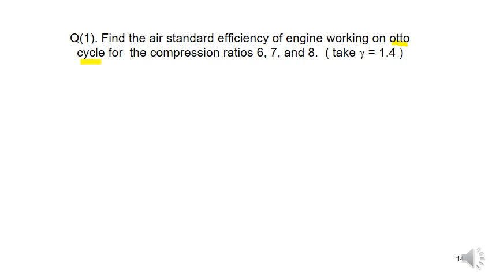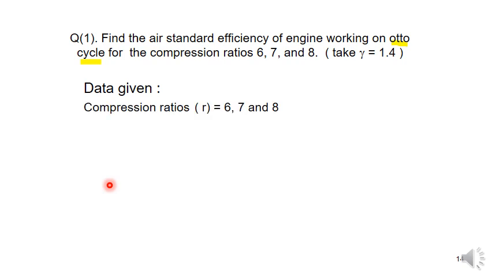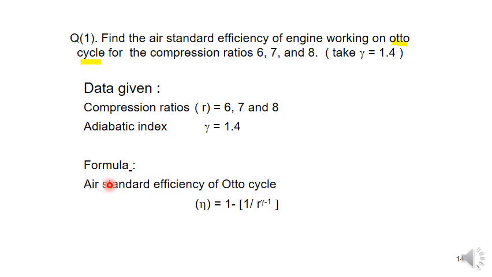For the Otto cycle, in terms of the compression ratio, efficiency is equal to 1 minus 1 divided by r power gamma minus 1. First write the formula. The compression ratios are 6, 7, 8, and the adiabatic index gamma is 1.4. The efficiency is equal to 1 minus 1 divided by r power gamma minus 1. First take the r value 6 and gamma value 1.4.